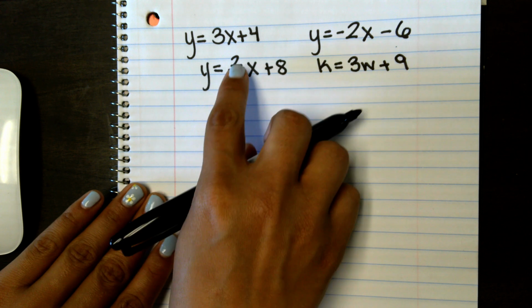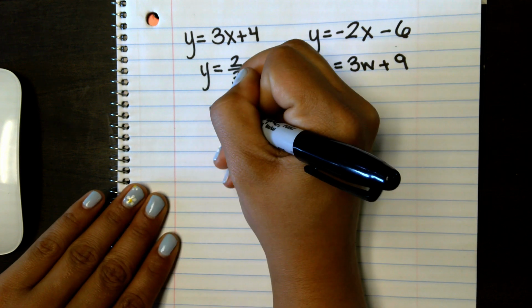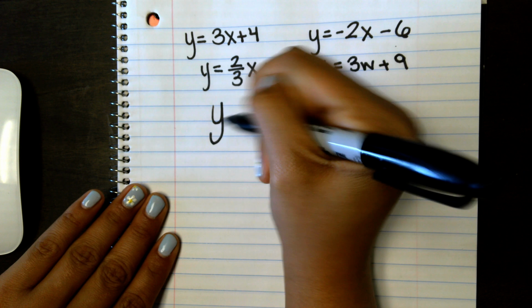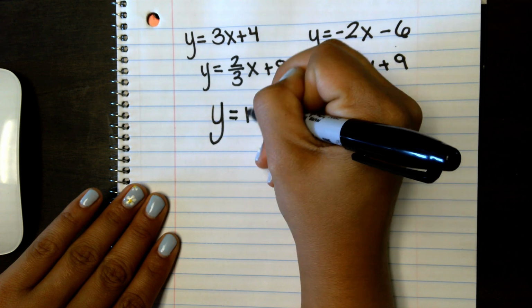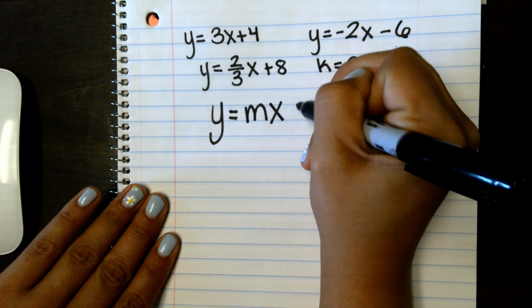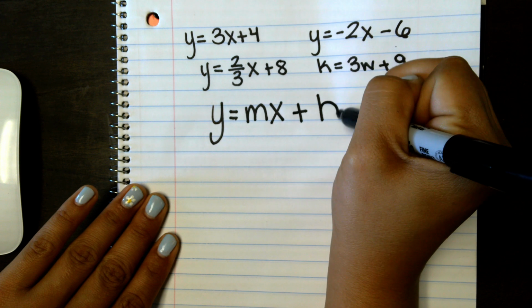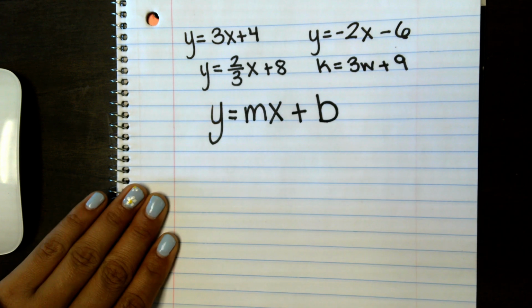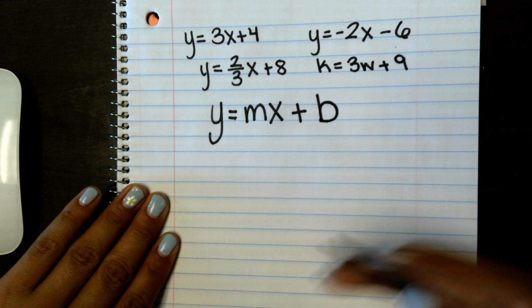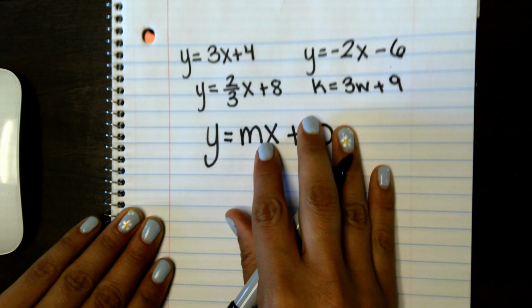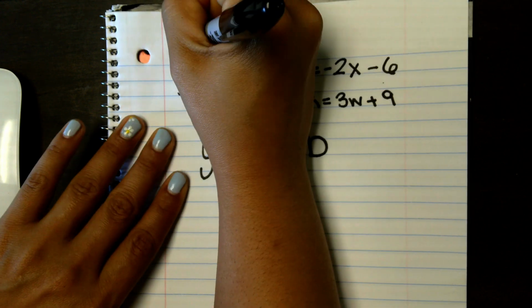So this form is commonly known as y equals mx plus b. Its name is slope-intercept form, and I'm going to write this at the top.